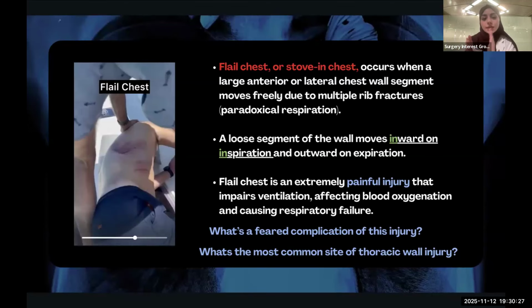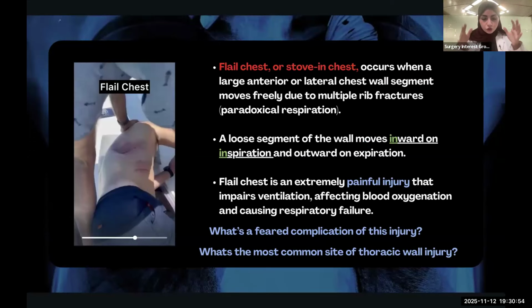Because it looks like it's breathing in opposite to the normal breathing. What does this mean? So this means that when I'm breathing in, rather than the entire chest wall expanding, it goes in. So an easy way to remember it is the loose segment is going to be inward on inspiration and outward on expiration. This looks like it's moving inward, but it's not moving inward. It's simply staying in place, which is why it will cause paradoxical respiration.